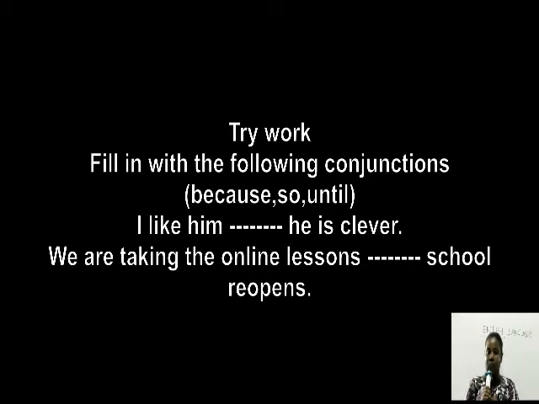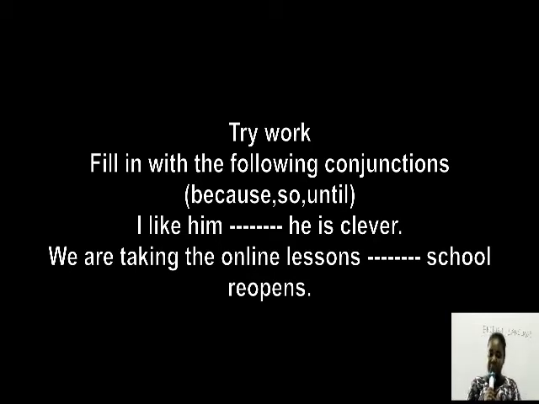We move on to our try work 2. We are taking the online lessons, blank, school reopens. Here you cannot place in because or so: because school reopens, so school reopens.